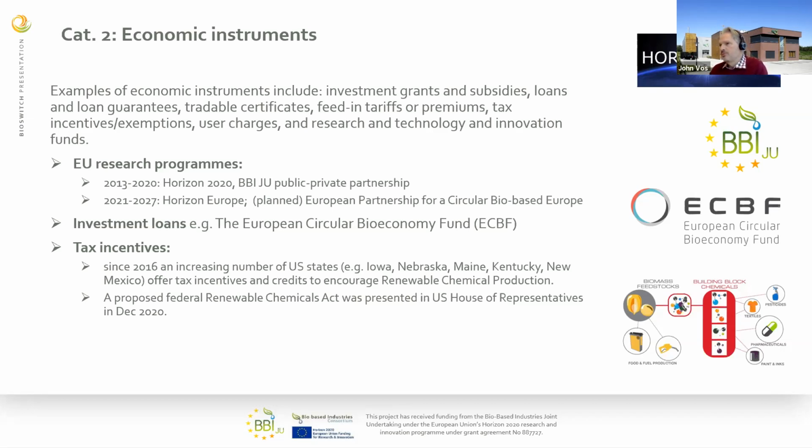And this example from Iowa was later followed by other states such as Nebraska, Maine, Kentucky, and New Mexico. And last month of last year, there was a federal bill tabled, the Renewable Chemicals Act, in the House of Representatives that would also seek to support the production of biochemicals. So outside of Europe, this is something that is gaining attention.